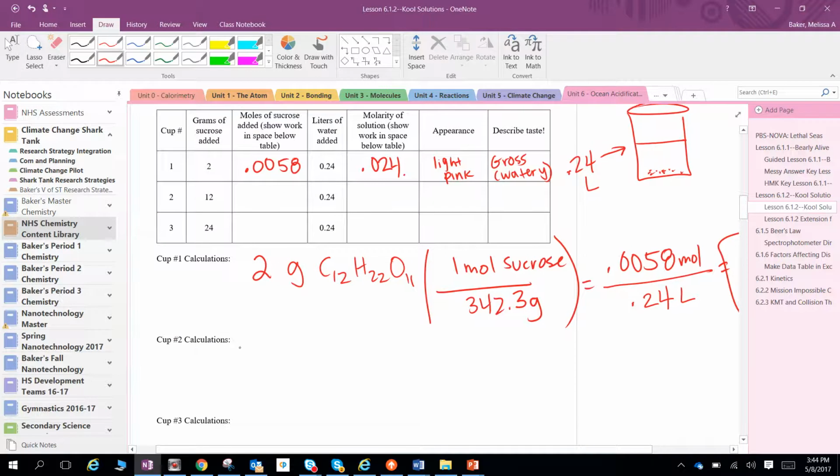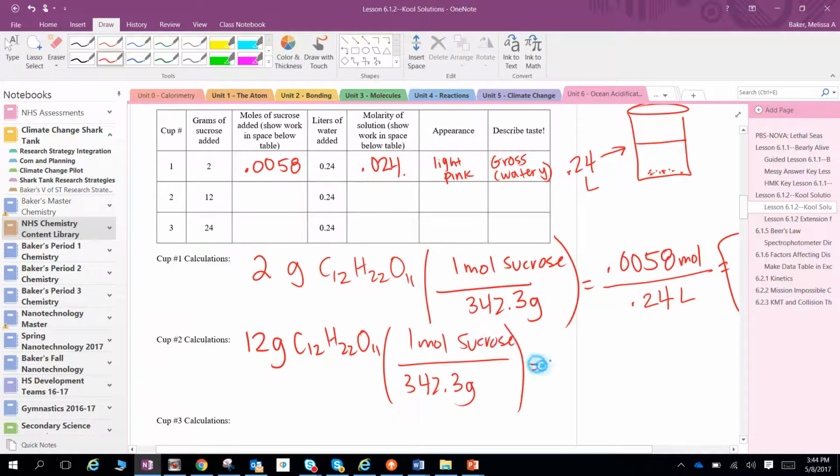So in cup number 2, we added 12 grams of sucrose, the C12H22O11. So same molar mass, 1 mole sucrose. So we figured out in cup number 2, we were actually adding 0.035 moles of sugar.